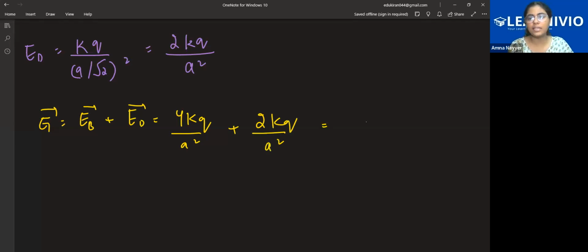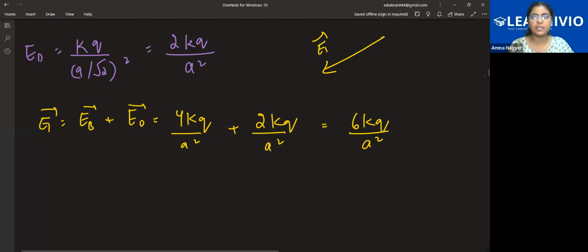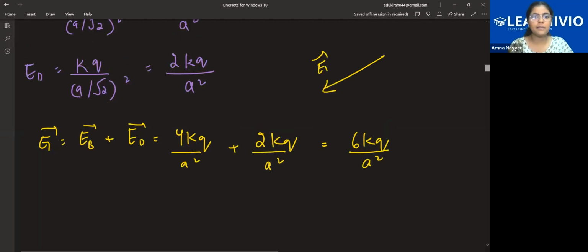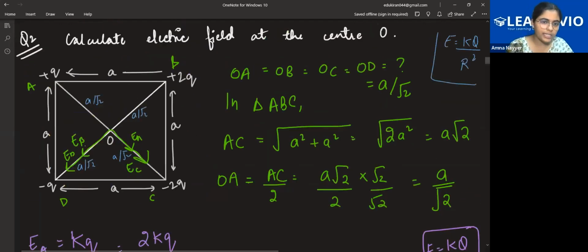So when you add, this becomes 6kq by a square. This is electric field first, means we have solved this arm. We have E1. Here, which arm is this? This arm. OD has net electric field 6kq by a square, correct?